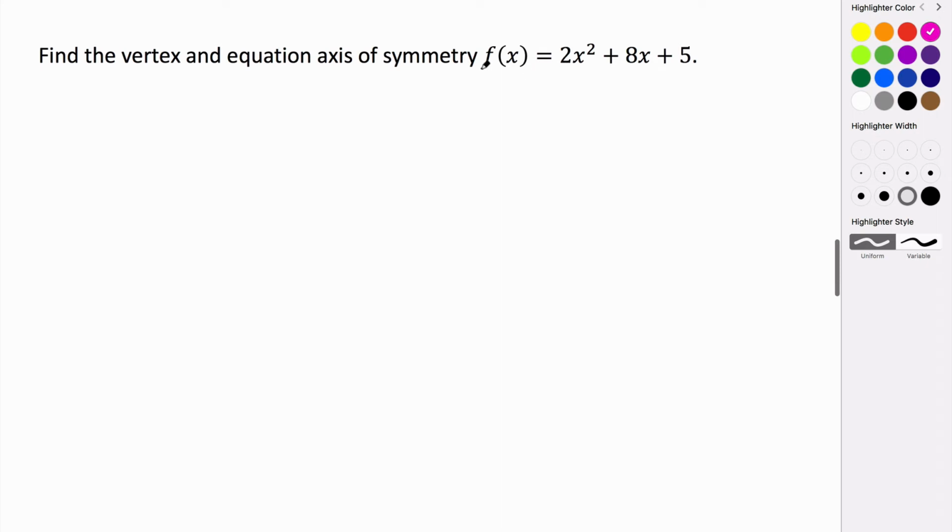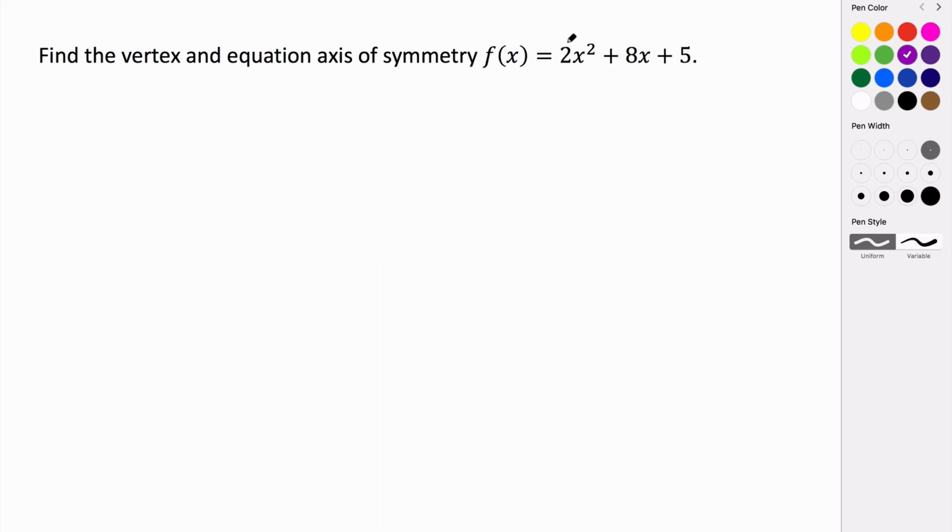So we have this equation in standard form, f of x equals 2x squared plus 8x plus 5, and we would like to find the vertex and the axis of symmetry for it. To start, I usually like to establish the values of a, b, and c so that we can substitute all of those values into their corresponding places in our equations.